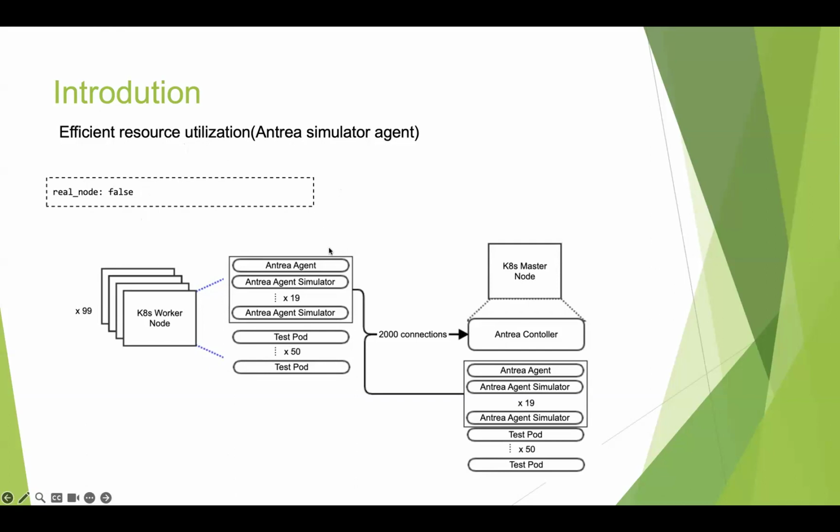The simulator will watch the controller just like the real agent, and it makes us able to simulate a large number of agents in a very small number of nodes. It will be very useful for controller scale testing without having to create a very large cluster.